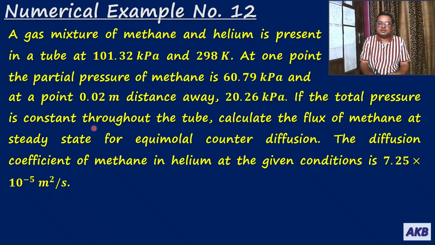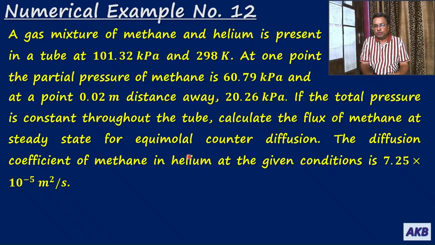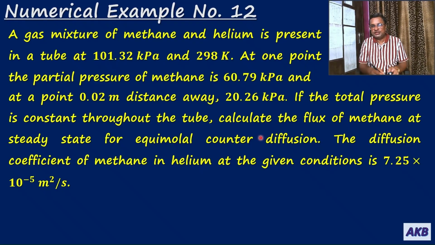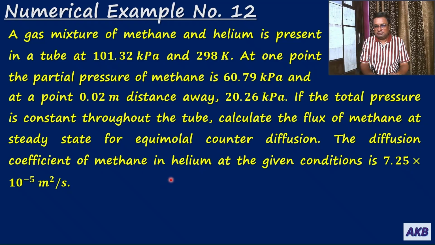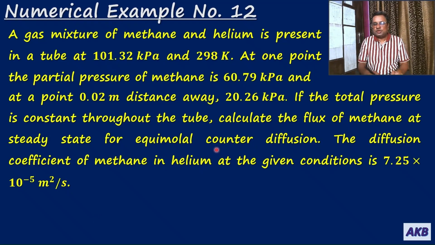If the total pressure is constant throughout the tube, we are supposed to calculate the flux of methane at steady state for equimolal counter diffusion, where both the gases will be diffusing at the same rate but in the opposite direction. The diffusion coefficient of methane in helium at the given conditions is given to us. It is 7.25 into 10 to the power minus 5 meter square per second.